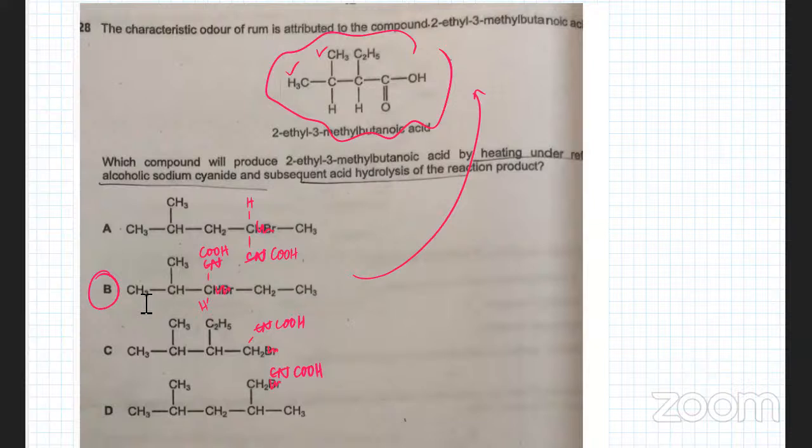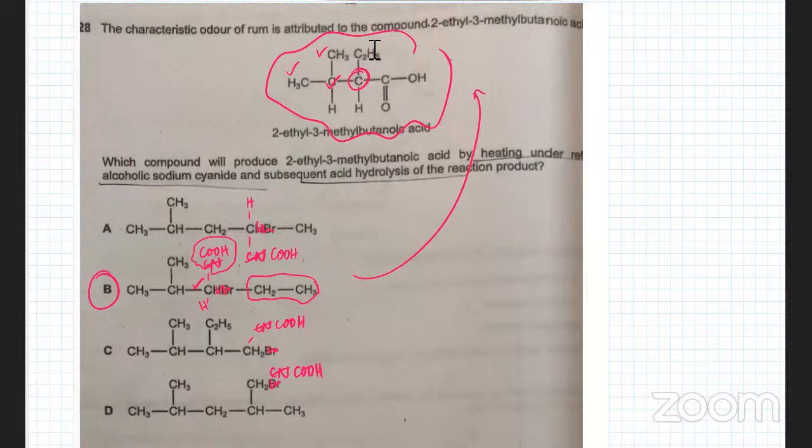Let's start with B, okay? I said 2 methyl branches on a CH, right? So this part is matching. Then you have another C, and this C has a carboxylic acid and it also has an ethyl branch. So there is C2H5 and there is a carboxylic acid as well on it.